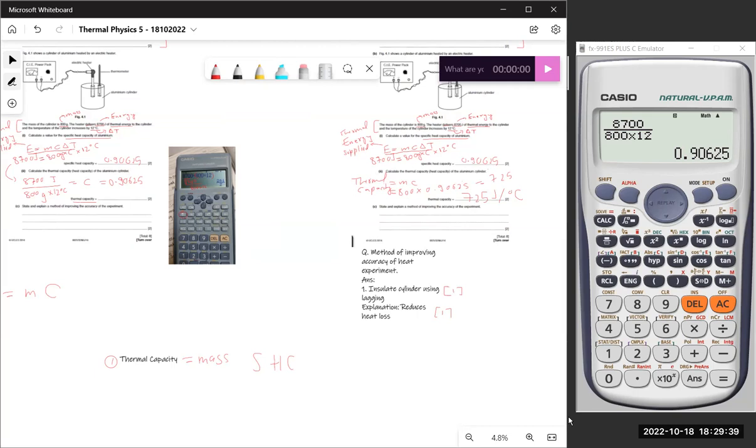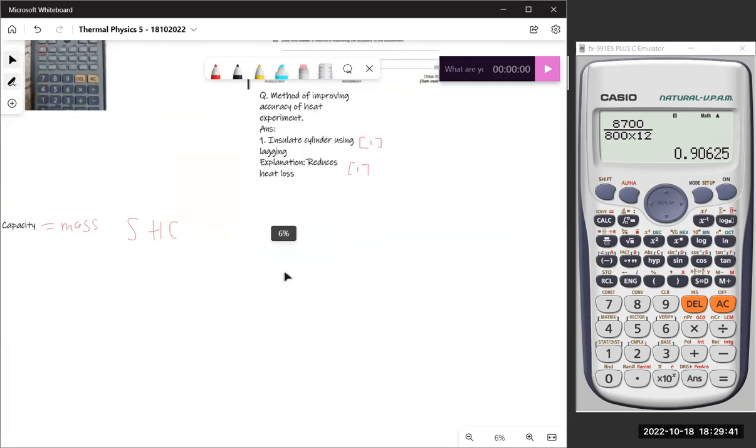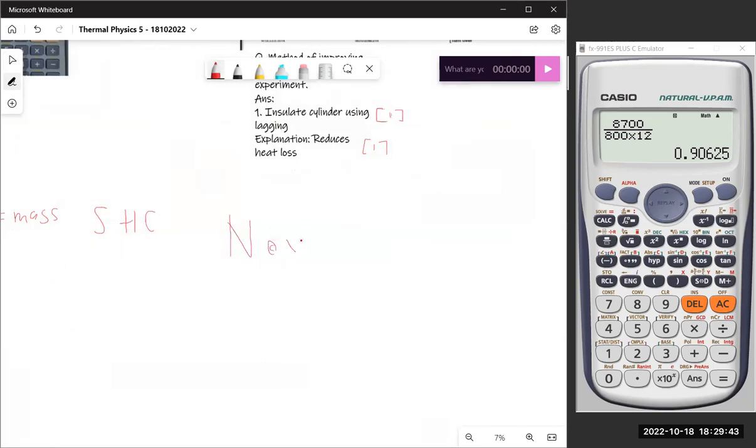That's it. Now in the next class, write in your notebook: we're looking at boiling, or let's just say latent heat. Latent heat, you can remind me in the next class. Latent heat and evaporation. Then the chapter will be over finally.